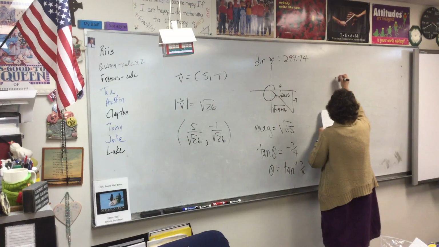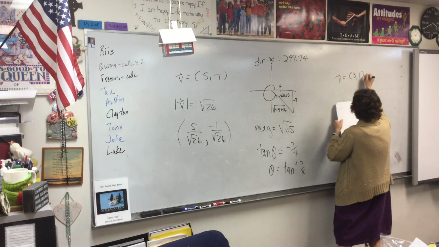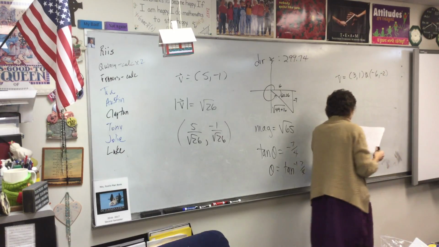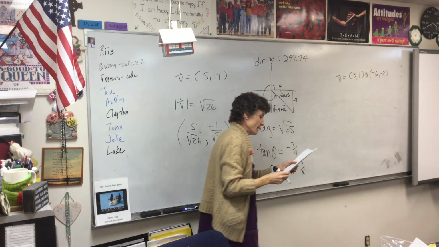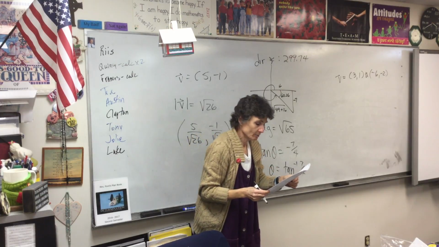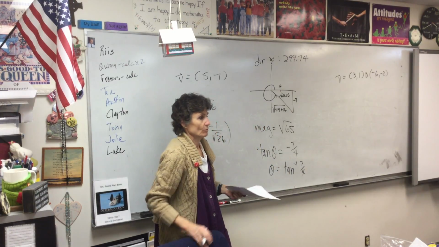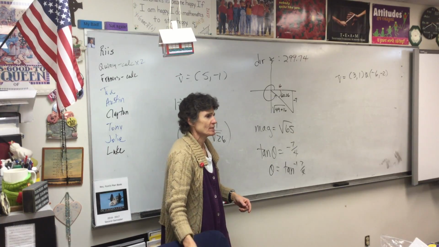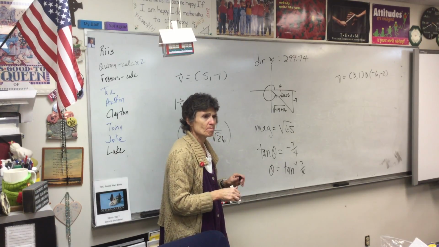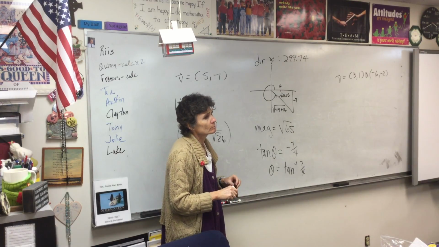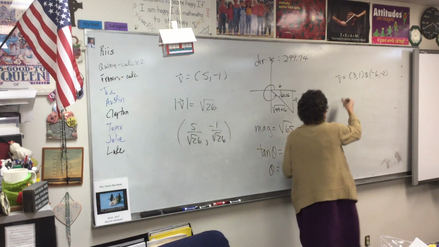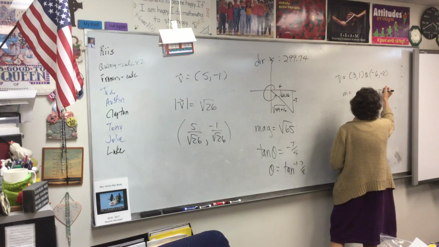All right, now I've got two vectors, 3, 1, and -6, -2. And the question is, are they parallel, orthogonal, that means perpendicular, or neither, and why? How did we do these? We did a bunch of these the other day. Do you remember how we did them? We found their slopes.